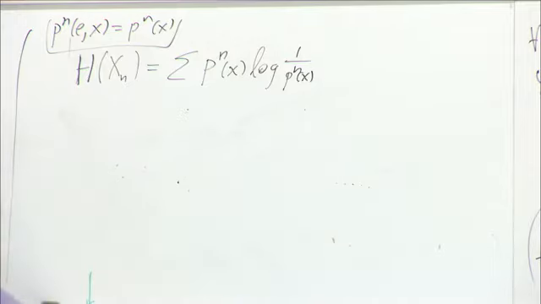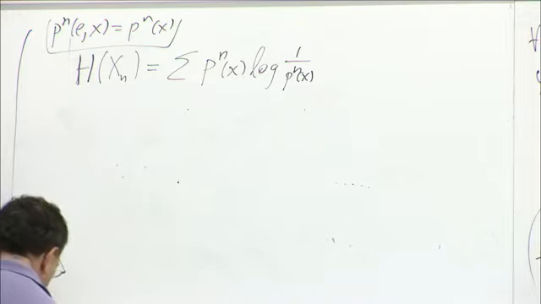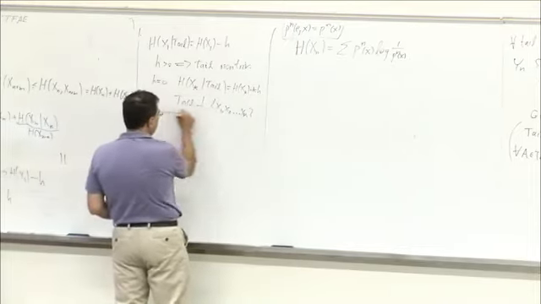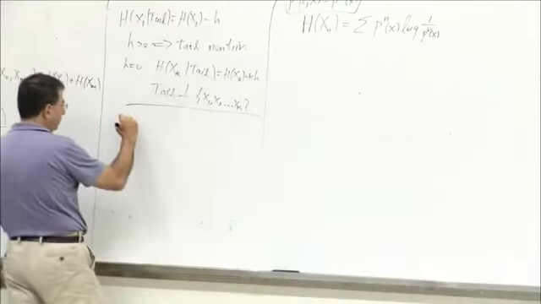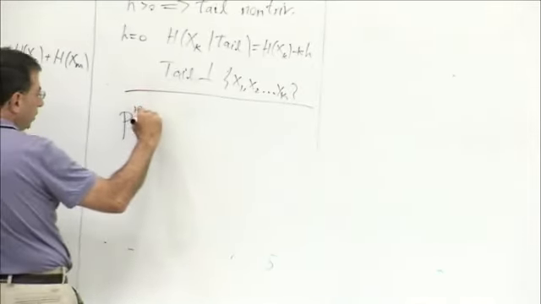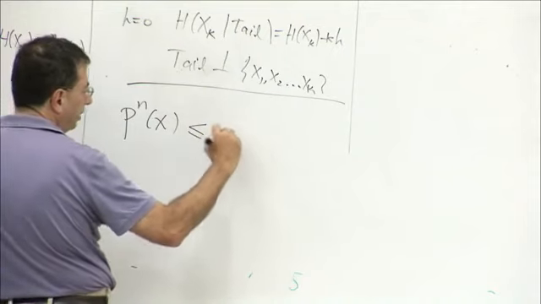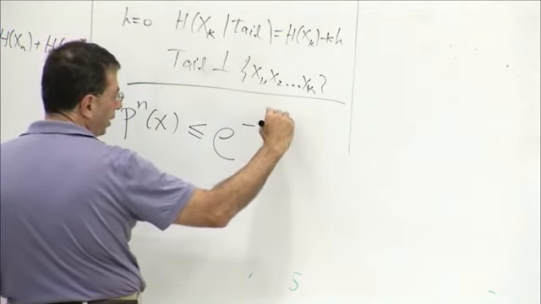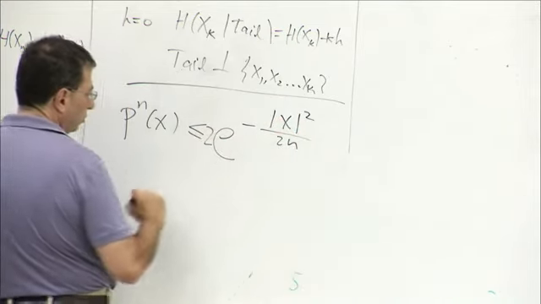the Varopoulos inequality. So I gave handouts to some of you with the proof of that. It really just takes a page. But it's a general inequality which, in this setup, it gives Pn of x less than e to the minus the distance squared to x. So that's x squared over 2n times 2.